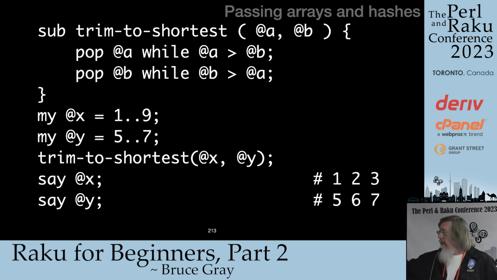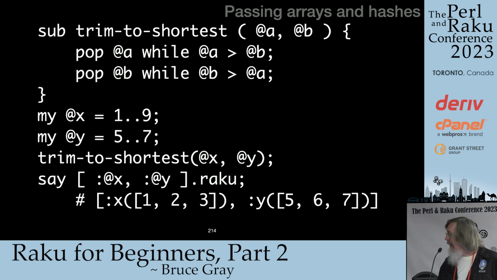It knows I want 2 things. I'm passing it 2 things. The things happen to be arrays. So that's valid. And if I inspect it, then I see that they contain what you would expect.